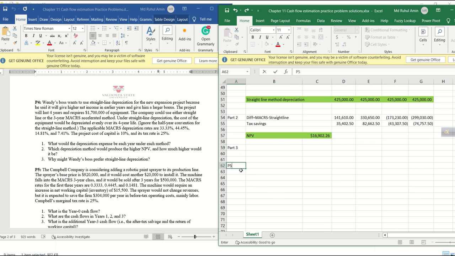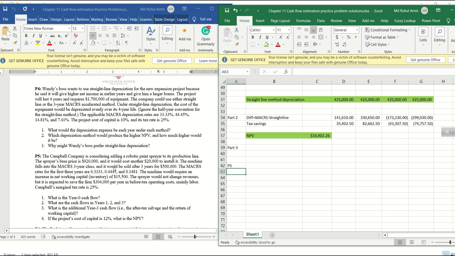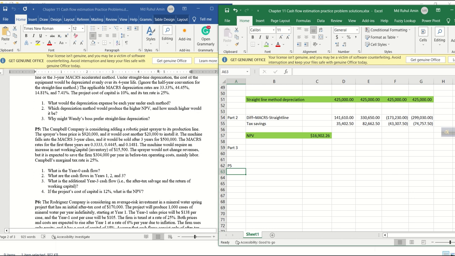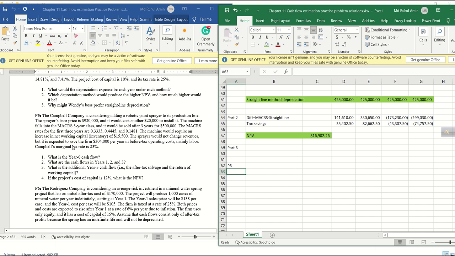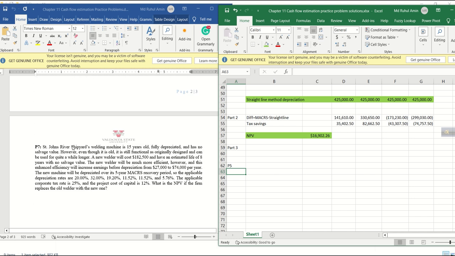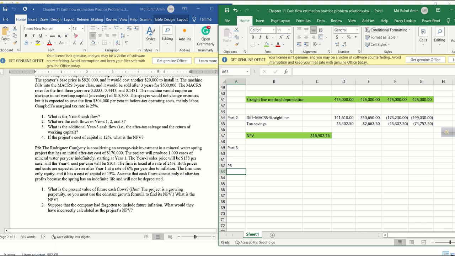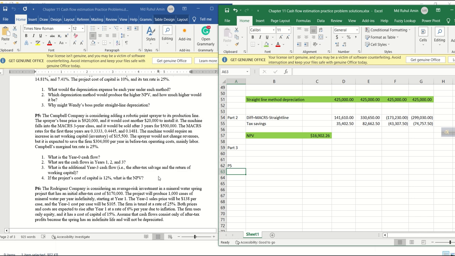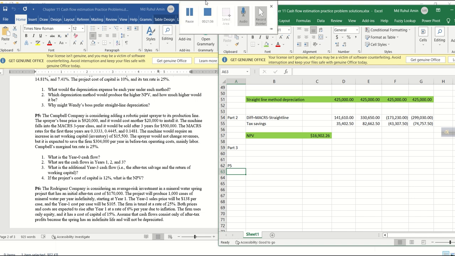Then problem 5. How many problems do we have? 5, 6 and 7. We have 3 more problems. Since this is big, how long is the video?